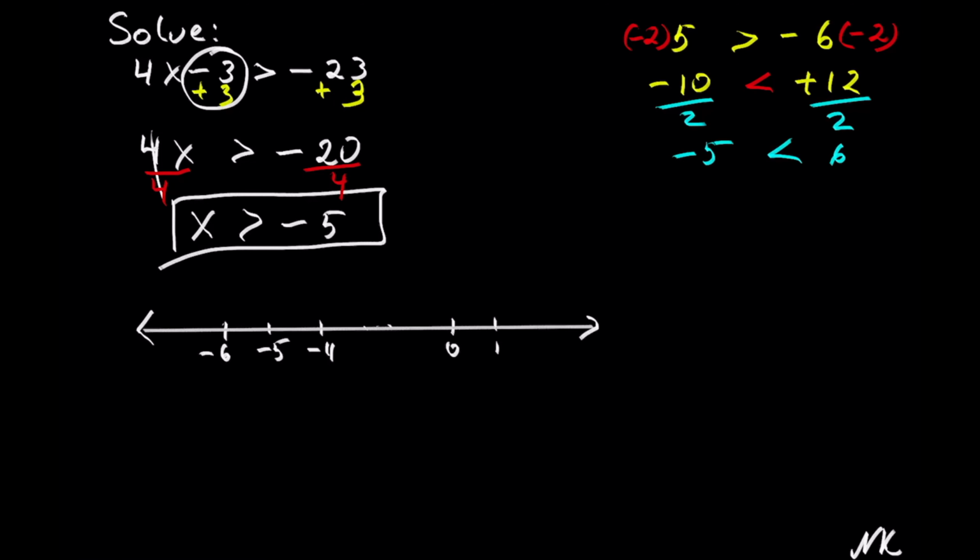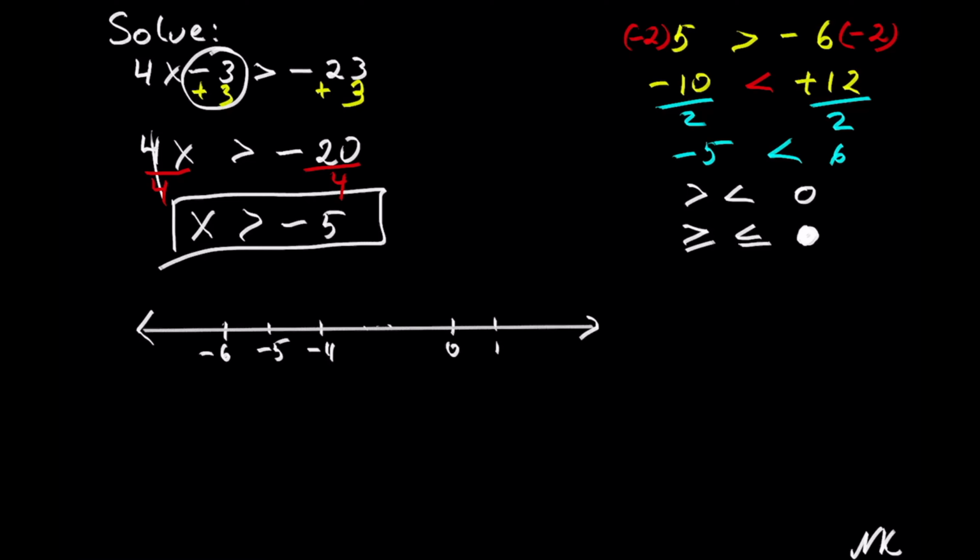When you're graphing an inequality on a number line, when you have greater than or less than, you use an empty point because the number itself is not included in the solution. And if you have greater than or equal to or less than or equal to, you use a filled in point.